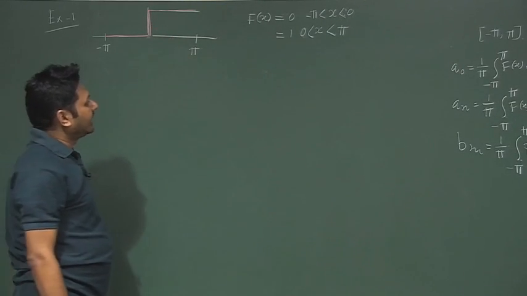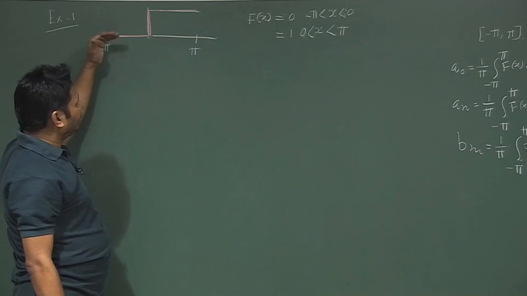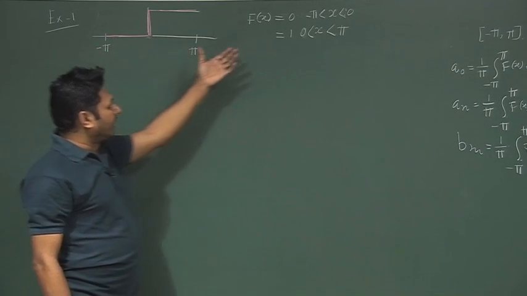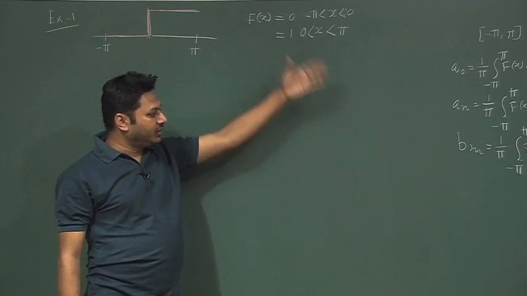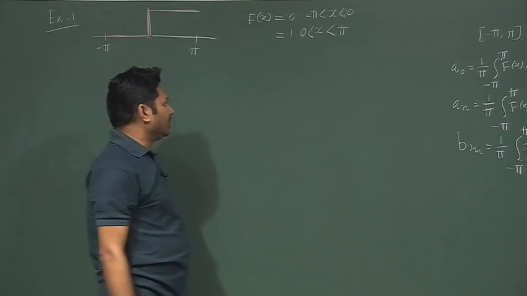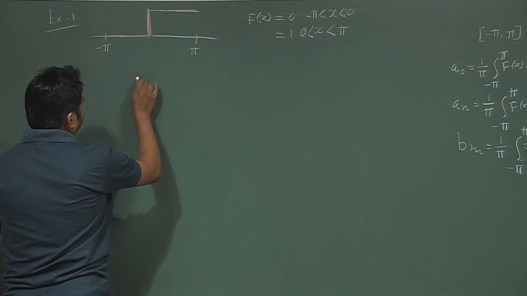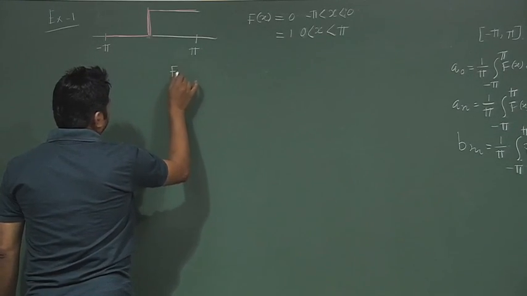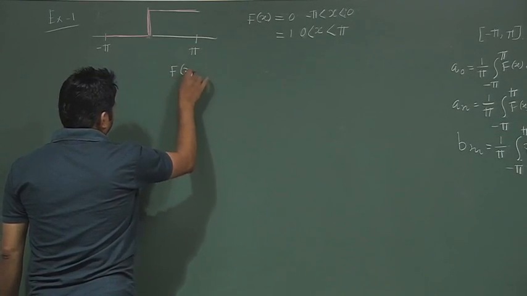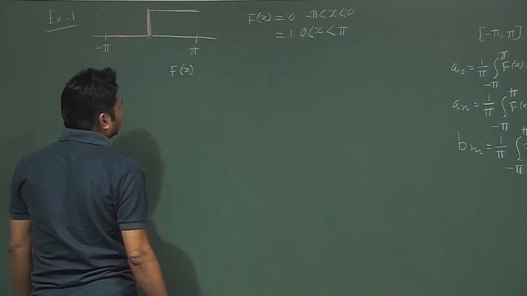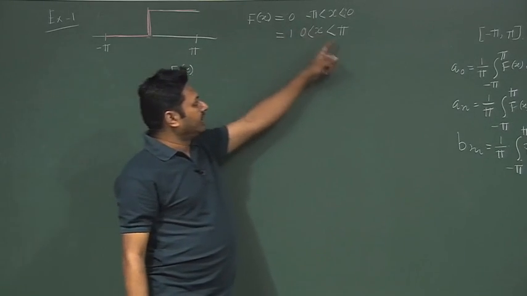But before that, let us try to find out how the function will look if I write it in terms of these Fourier coefficients. The way f(x) is defined is over two different limits.